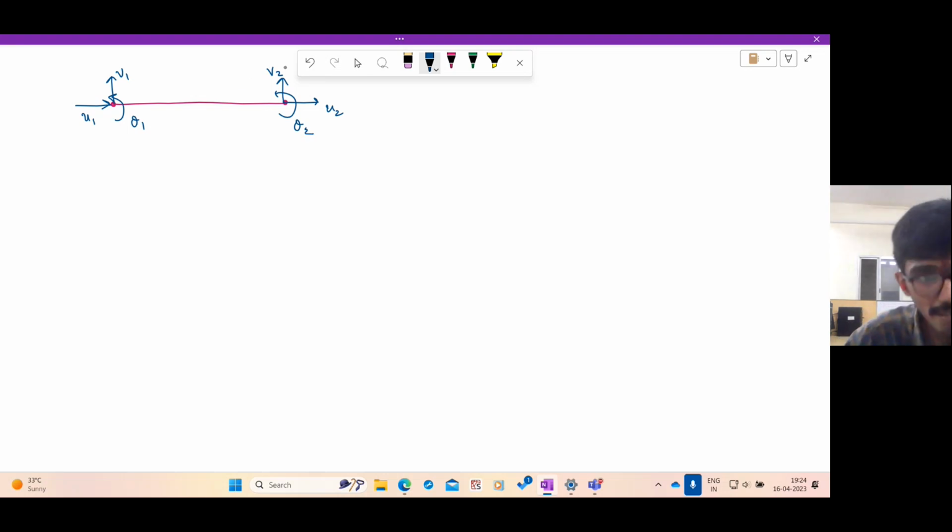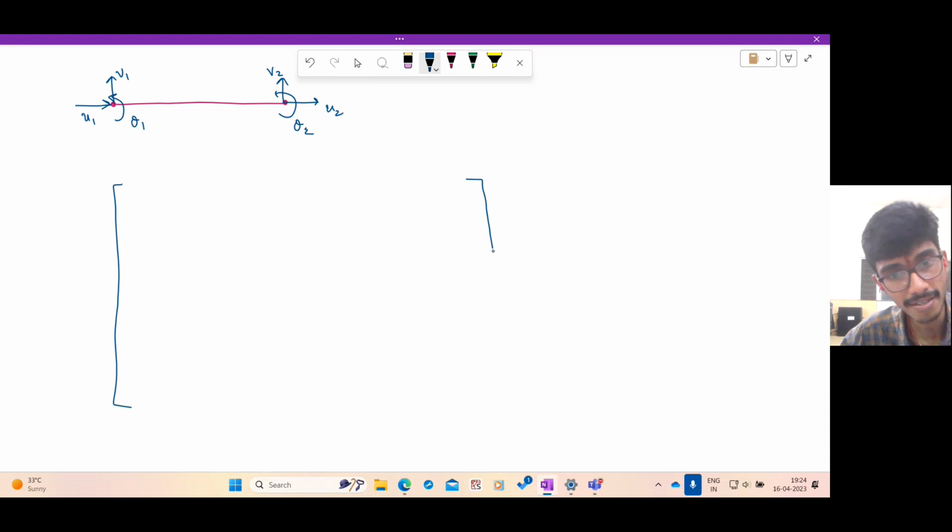In this case, let us get the member stiffness matrix. How do we get the member stiffness matrix? As usual, superposition. Now first, how do you get K? It is a very, very systematic and simple task. And once it is known, you can solve any structure. So what is K11? Let us look at one column at a time.